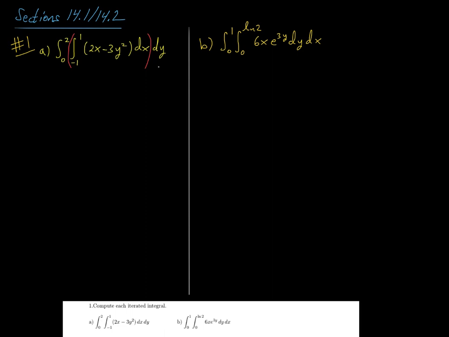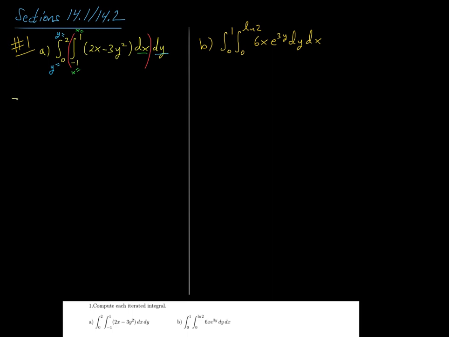Then a note on notation: for the x integral, the bounds on the inner integral symbol, -1 to 1, are referencing x. So x ranges from -1 to 1, and for the y integral, those correspond to the bounds out here. So y goes from 0 to 2.